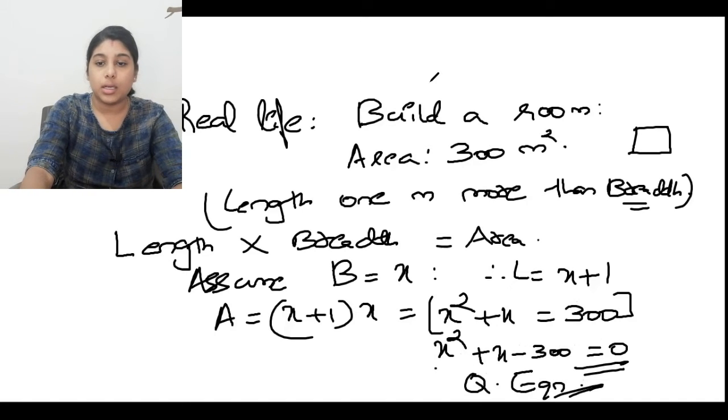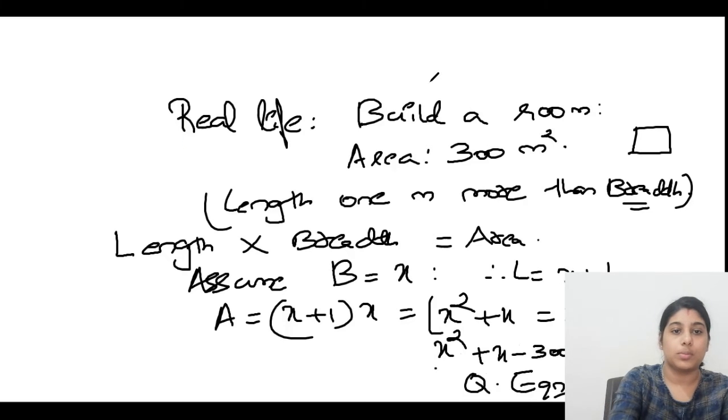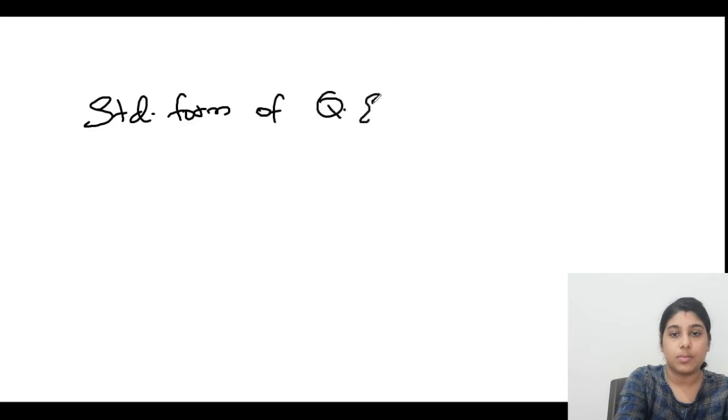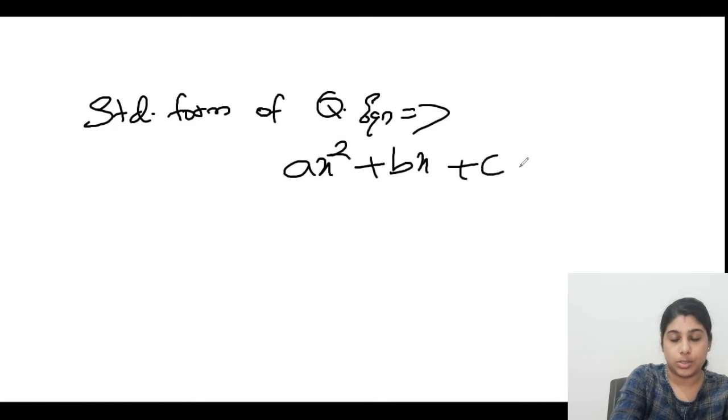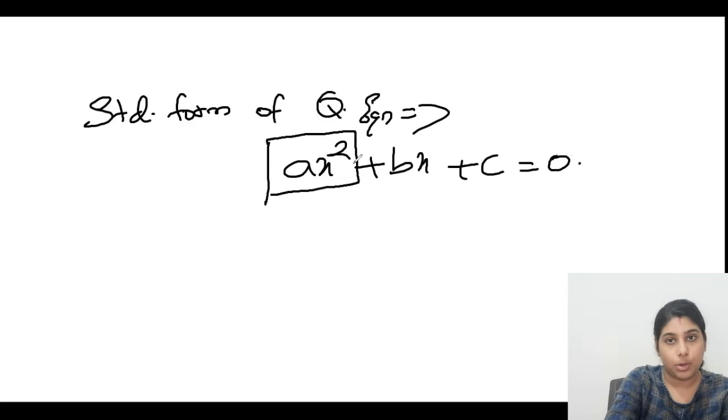So we can make a standard form. The standard form of a quadratic equation is ax square plus bx plus c is equal to 0. This x square term is relevant, because only when x square is there as the highest power will it become a quadratic polynomial and then a quadratic equation.